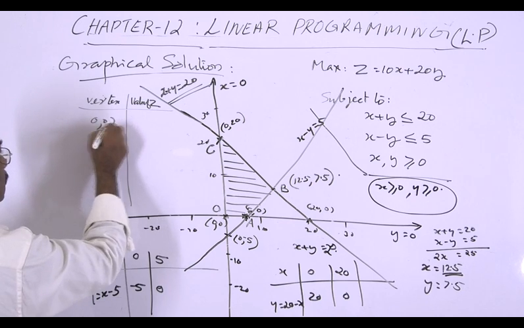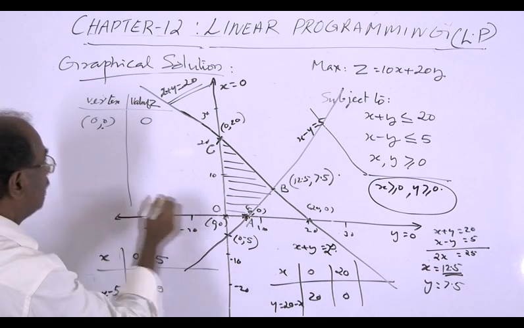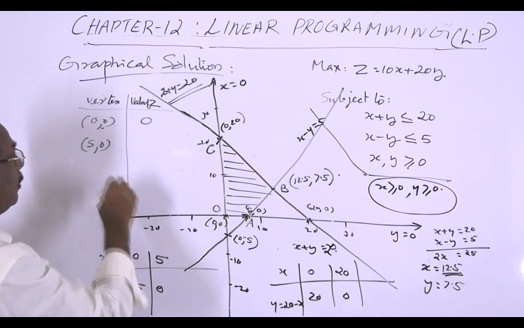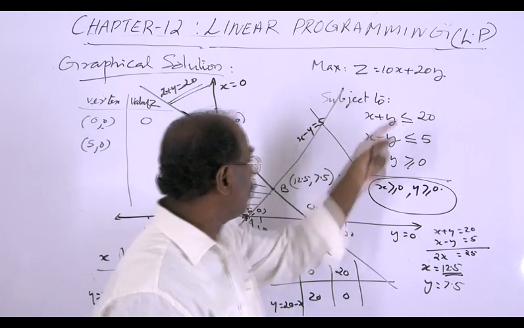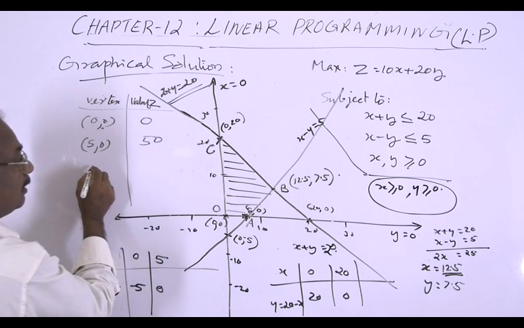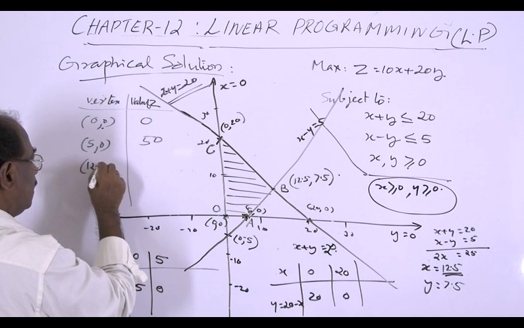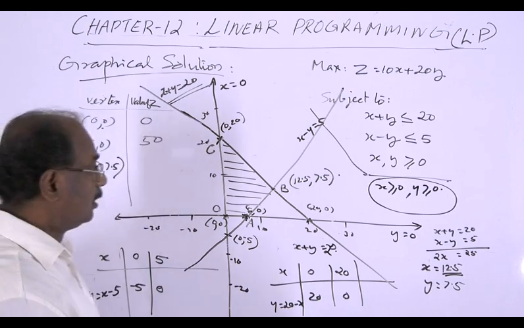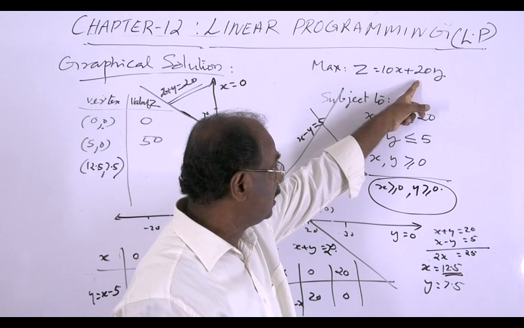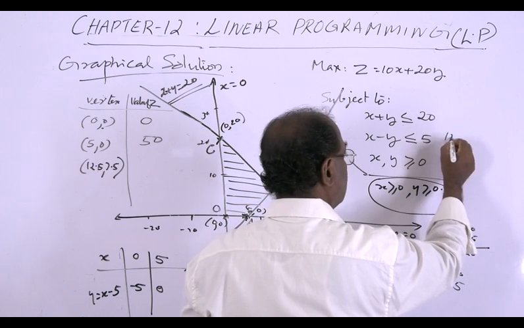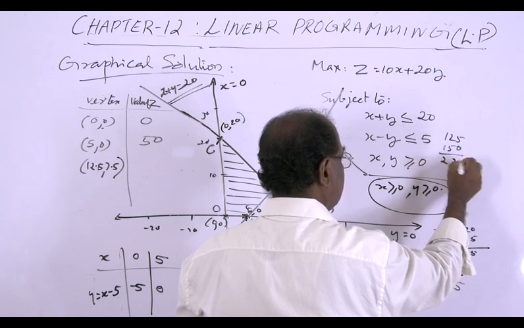So 0, 0. Z equal to 10x plus 20y. Value of Z is 0. Then vertex 5, 0. Value of Z, 10 into 5, 50, plus 0, which is 50. Then 12.5, 7.5. 12.5 into 10, 125. 7.5 into 20, 150, so 125 plus 150 is 275.